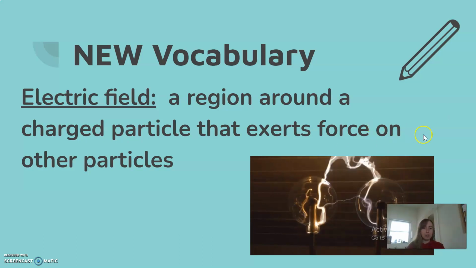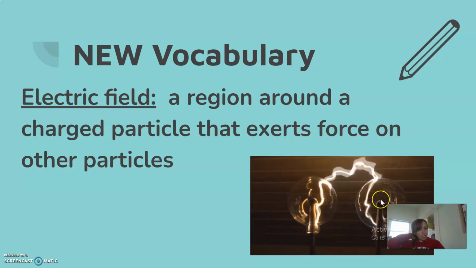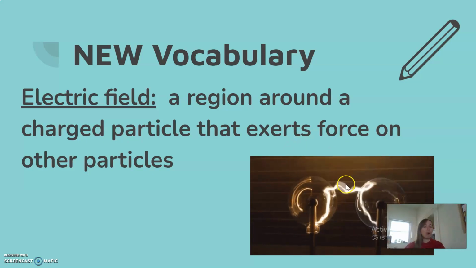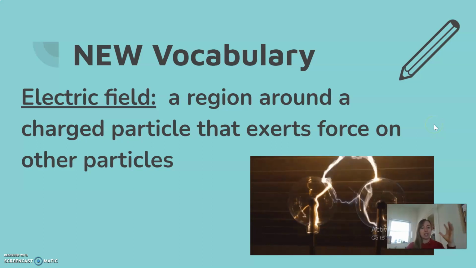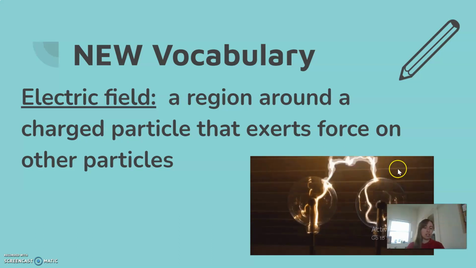If you've ever been to the Science Museum over near the river, you've probably seen that giant orb kind of thing that looks like this. I don't know exactly what that's called, but the work that they do with that is interacting with electric fields. So this kind of thing that you're seeing here is a way that we can visualize electric fields.